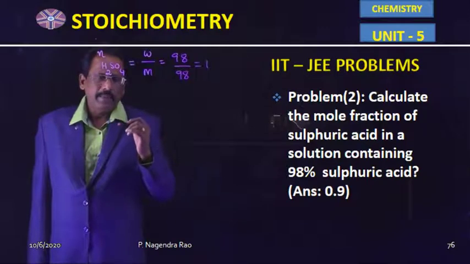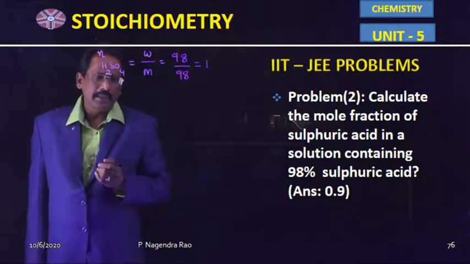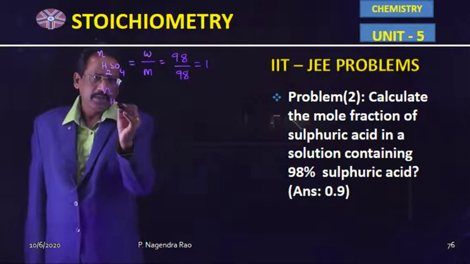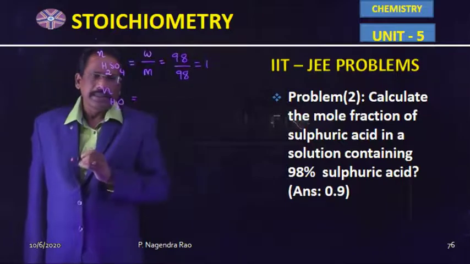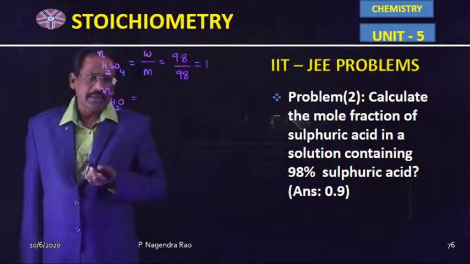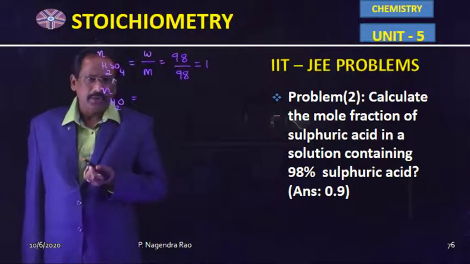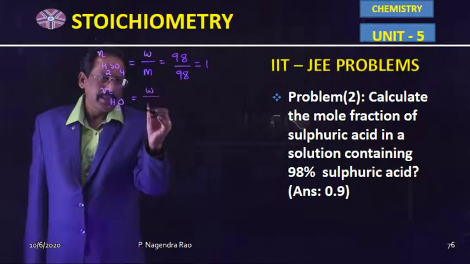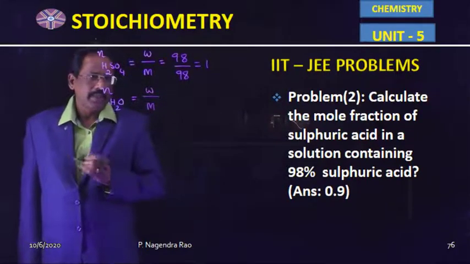And the other component in this problem is water, because sulfuric acid shows strong acidic nature when it is dissolved in water. That's why the number of moles of water is equal to the weight of water divided by its molecular weight.